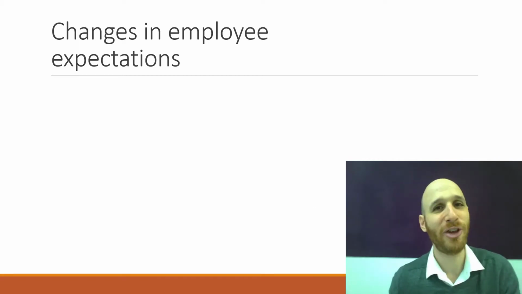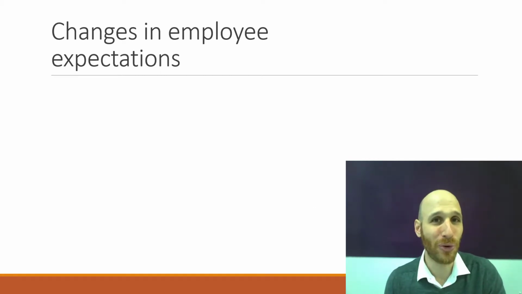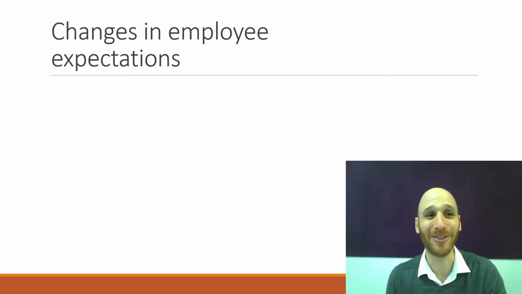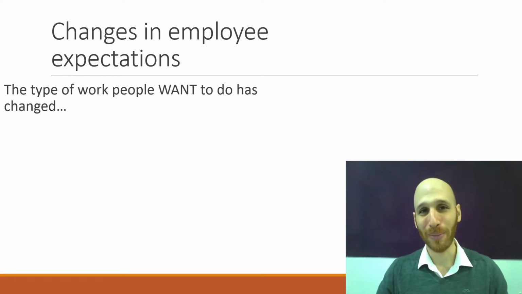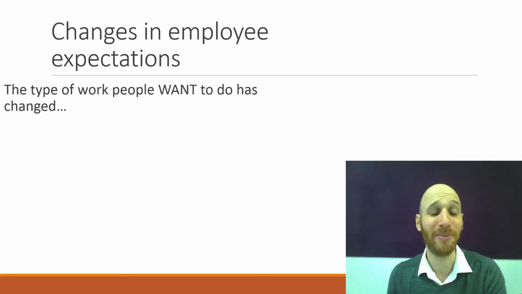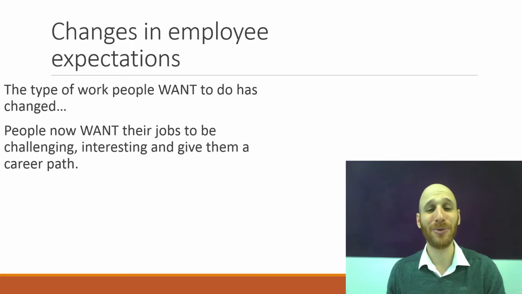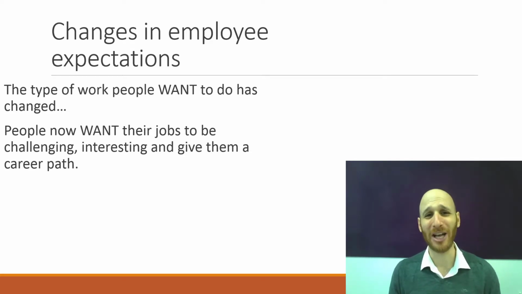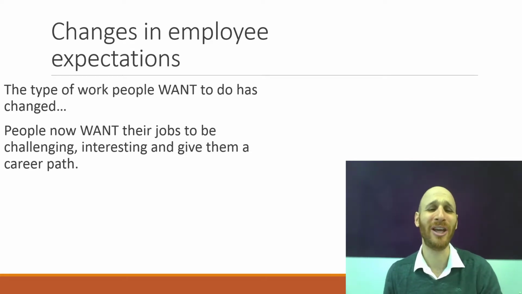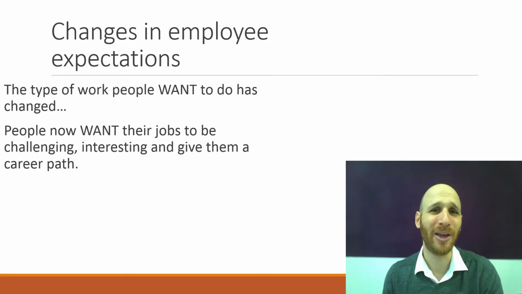Another factor that has changed the nature of Australia's work is changes in employee expectations. What do we mean by this? Well, the type of work that people want to do has very much changed. People now want their jobs to be challenging and interesting and give them a career path. They're not interested in just doing a job because they need to do a job.